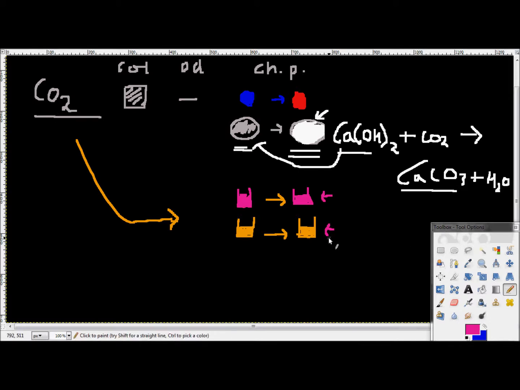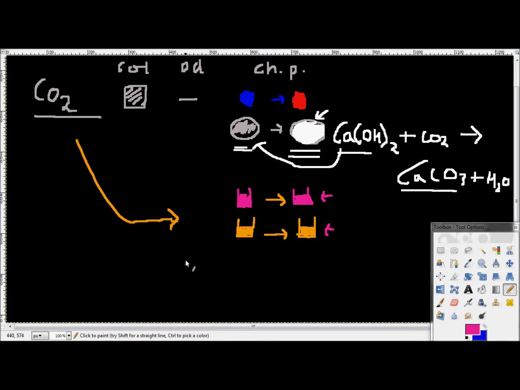Okay. Also, the last property is that CO2 is not a supporter of combustion. Combustion, of course, means fire, basically. It means lighting, like glowing. For example, a glowing splinter. That means that it is undergoing combustion. So CO2 is not a supporter.